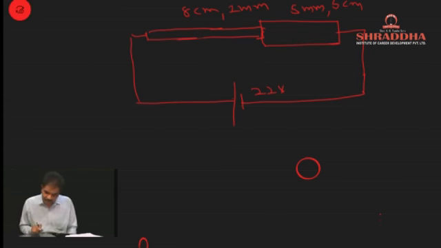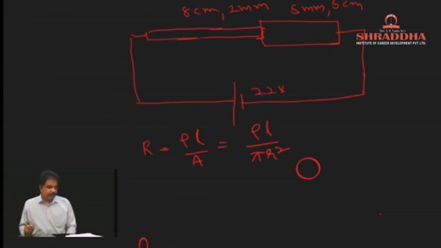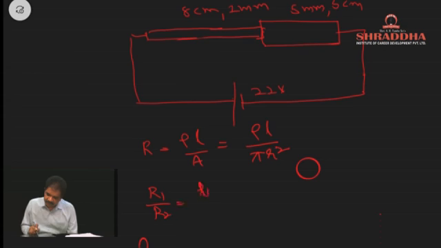So here R, we know the formula rho L by A, rho L by R square. They mentioned in the problem both wires are made with the same material, so they will have the same rho value. R1 by R2 is equal to L1 by L2 into R2 square by R1 square.